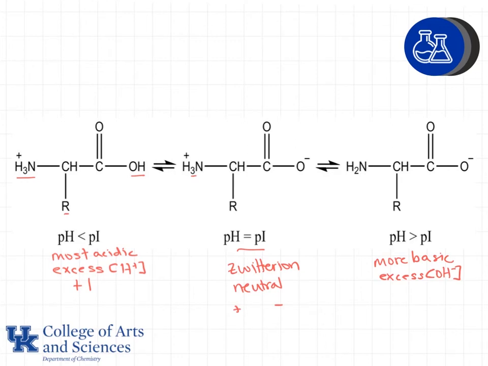It takes the H plus and forms water, and leaves us with NH2, which is neutral, and we're left overall with a -1 charge. This pattern will hold for every amino acid. You just have to compare the pH of the given solution to the pI value of that particular amino acid.